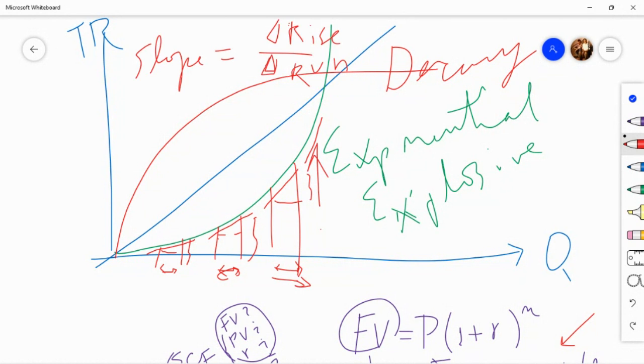So in the exponential case, the slope or the growth rate is increasing. But in the constant case, it is always the same growth rate. But in the case of decay, the growth rate is declining over time.